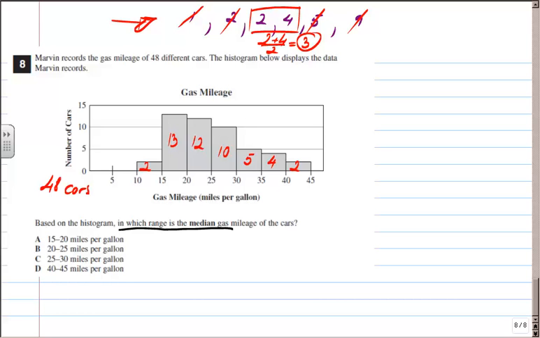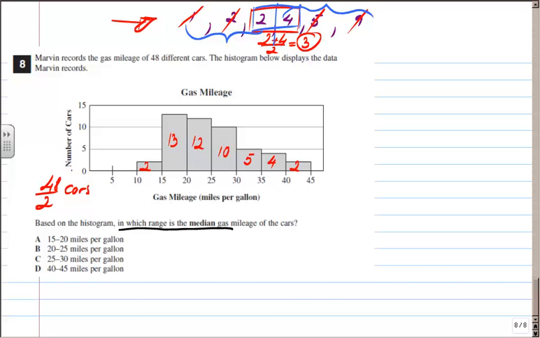To find the center of your data set, knowing that you have 48, all you have to do is divide that by 2. Look at what we did with the example: you have 3 numbers on the left and 3 numbers on the right, and whatever is in the middle, I find their average, and that's my median. The same story here. I got 48 cars.